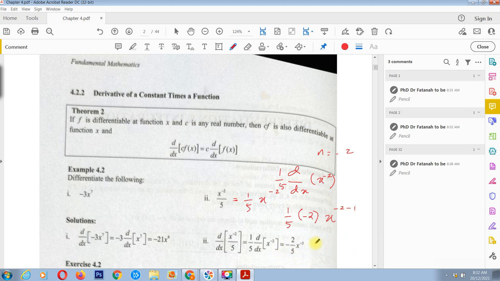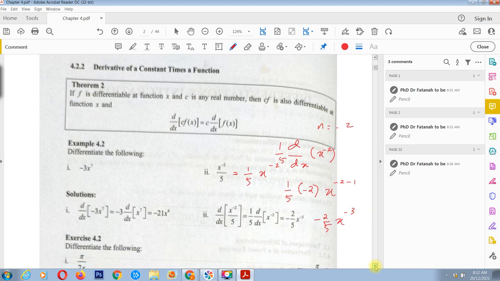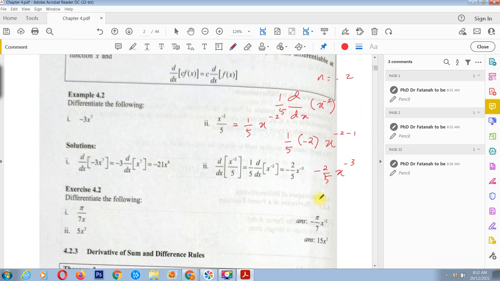We will simplify this, so negative 2 over 5 x to the power of negative 3, or we can have negative 2 over 5 x to the power of 3 at the denominator. We can put it like this.